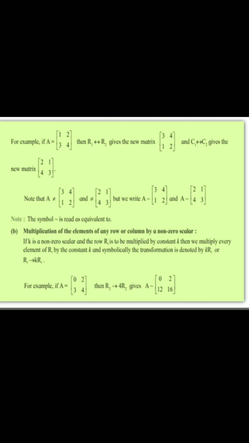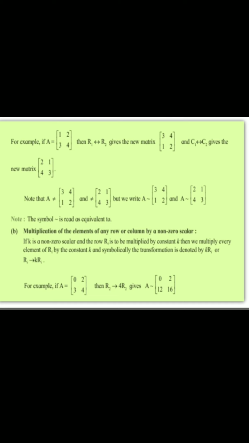And in the second row, given matrix A has second row 3, 4 and the new matrix second row is 1, 2. Same column transformation, that is C1 interchange to C2, gives the new matrix 2, 1, 4, 3. We see that there is column interchange, C1 is interchanged to C2.